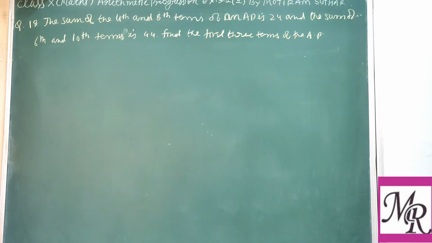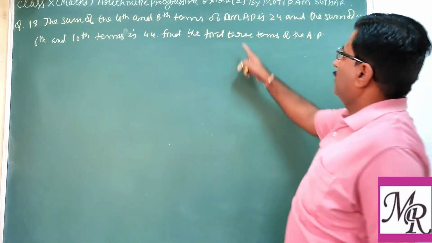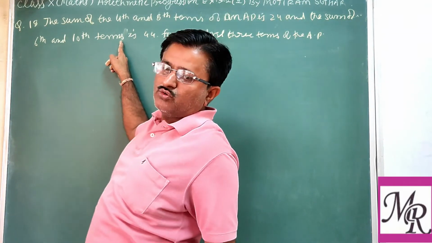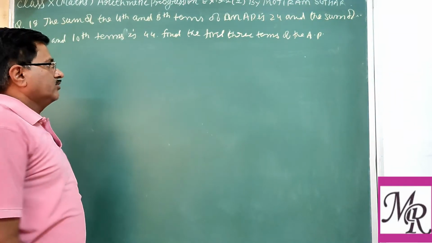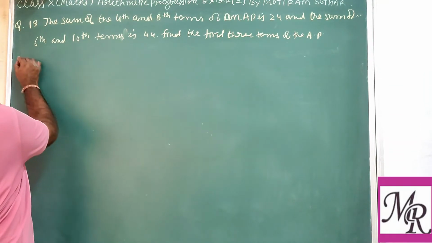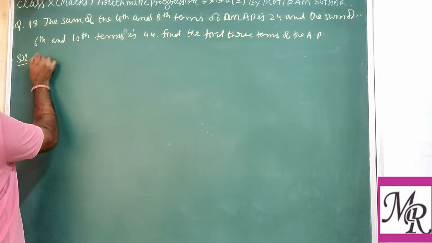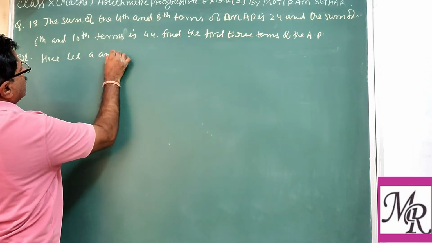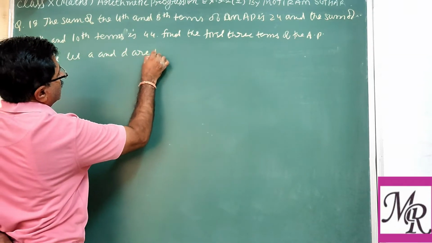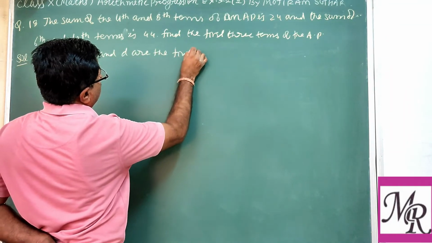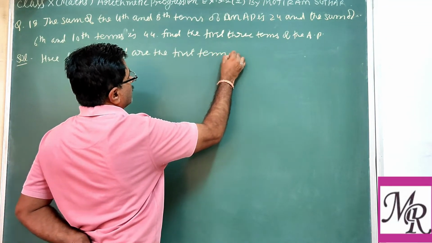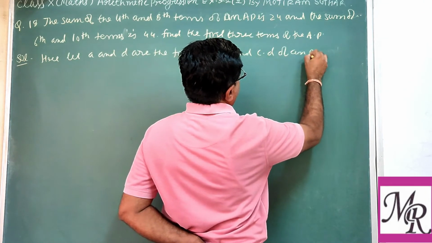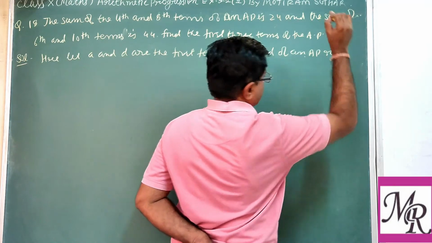Next, question 18 says the sum of the 4th and 8th terms of an AP is 24, and the sum of the 6th and 10th terms is 44. Again two conditions are given and you have to find the first 3 terms of the AP. Again we consider a and d as the first term and common difference of an AP respectively.